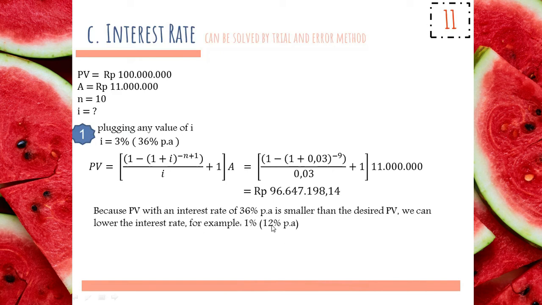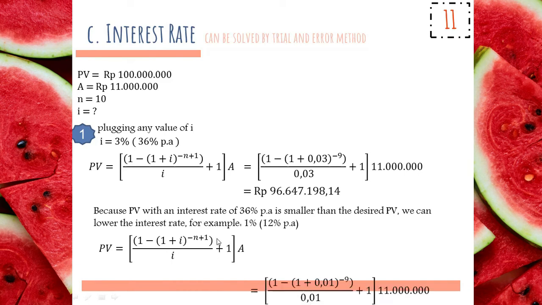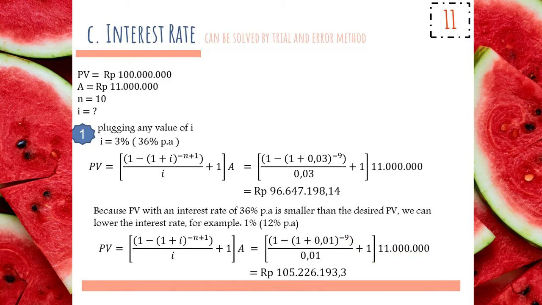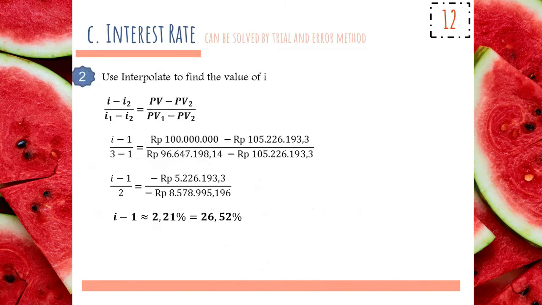Because the PV at an interest rate of 36% per annum is smaller than the desired PV, we can lower the interest rate, for example 1% or 12% per annum, and use the formula of PV and we get 105 million rupiah. And then we have the lower and the bigger. The second step is to use interpolation to find the value of i. Use the formula and then we get i equals 26.52%.